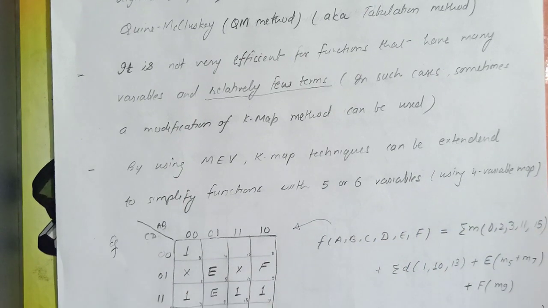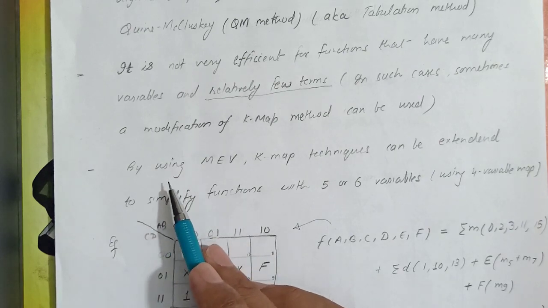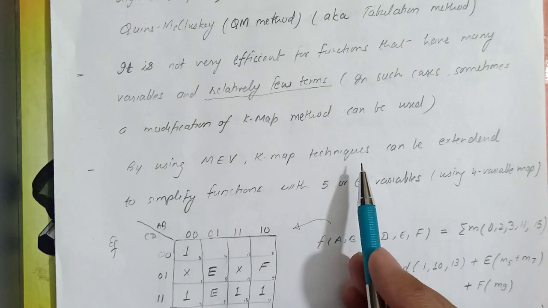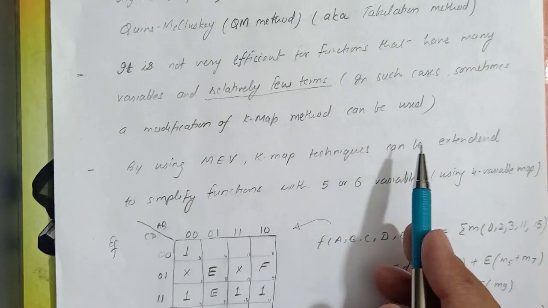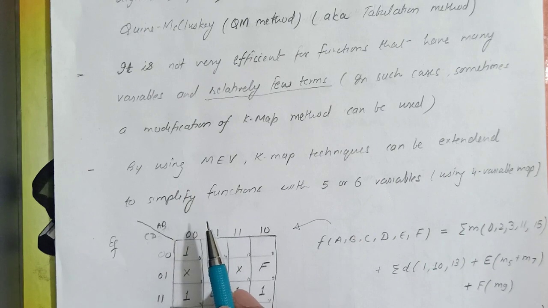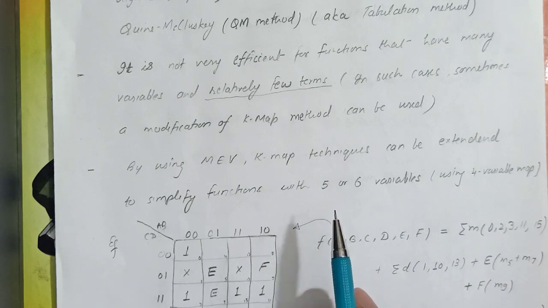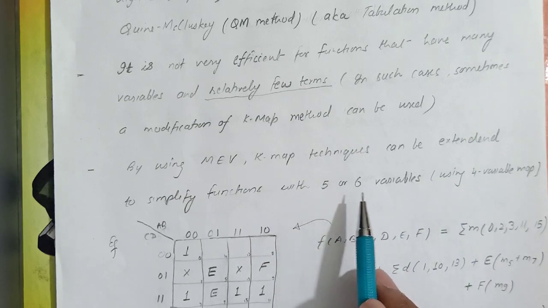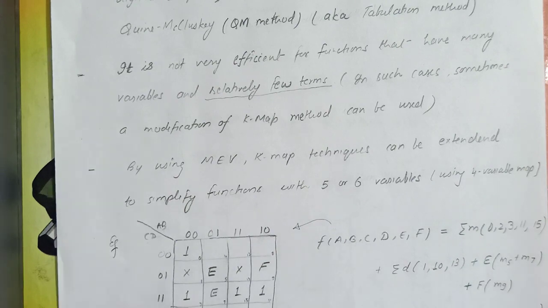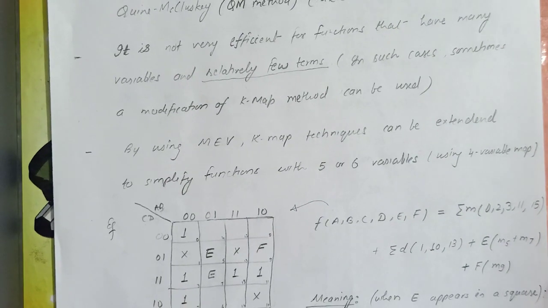Okay, so basically in this method, the K-map technique is extended to simplify the function, and we will use a 4 variable K-map in order to simplify switching functions that have 5 or 6 variables. Okay, so we will discuss how we will use the MEV method in order to solve switching functions.